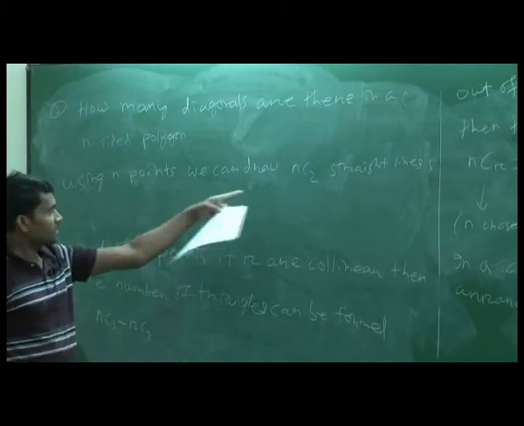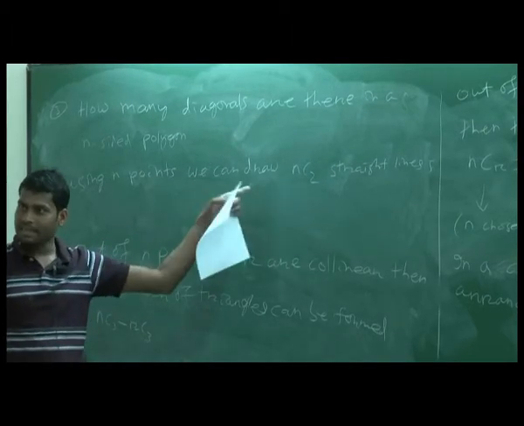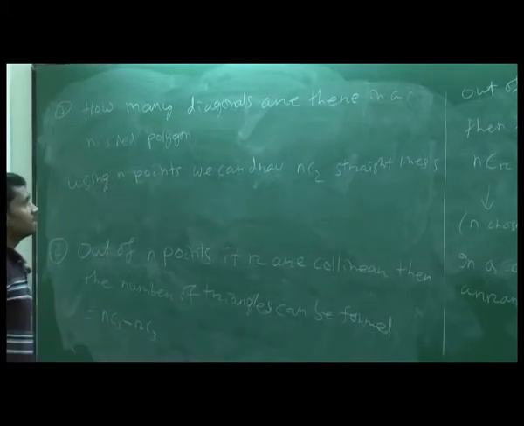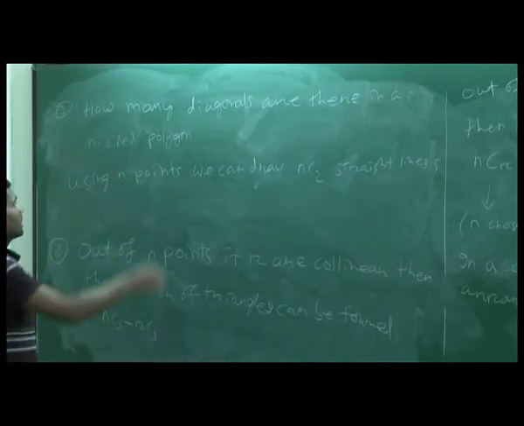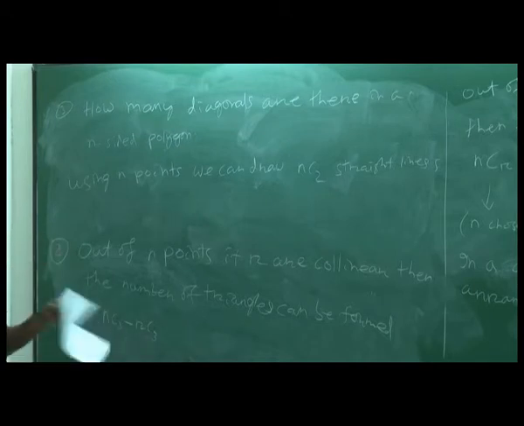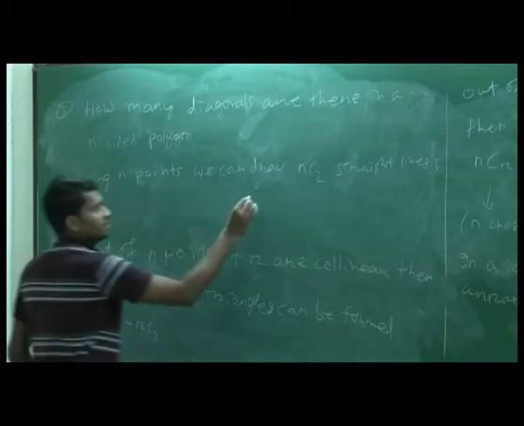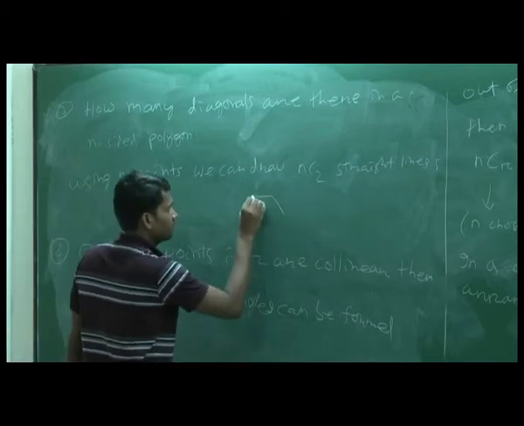And all these lines include both sides and diagonals, right? If you exclude the sides, then the others will be diagonals.